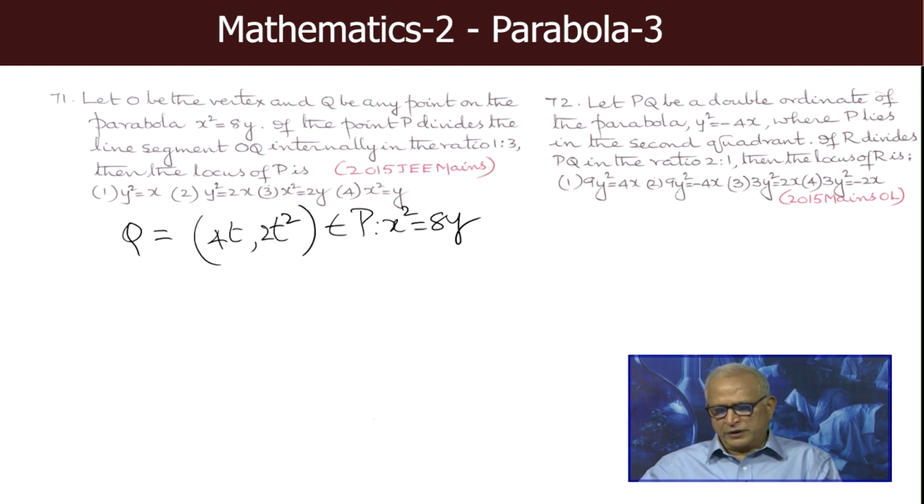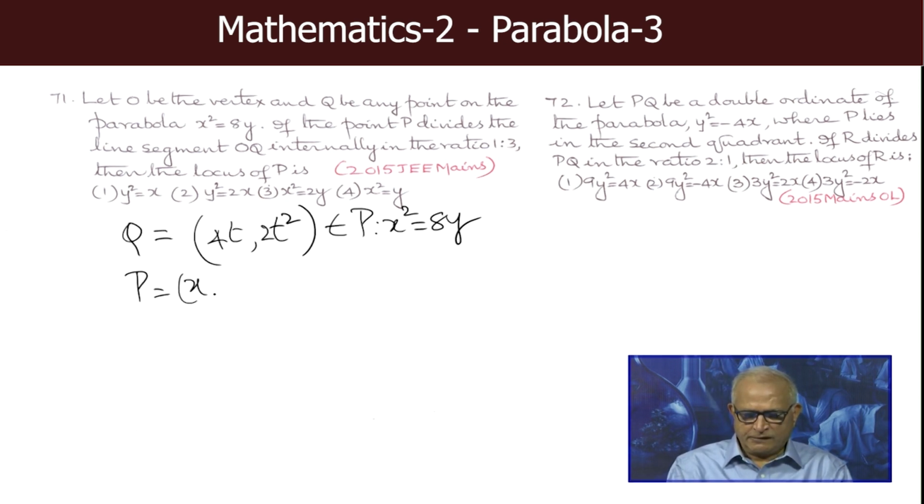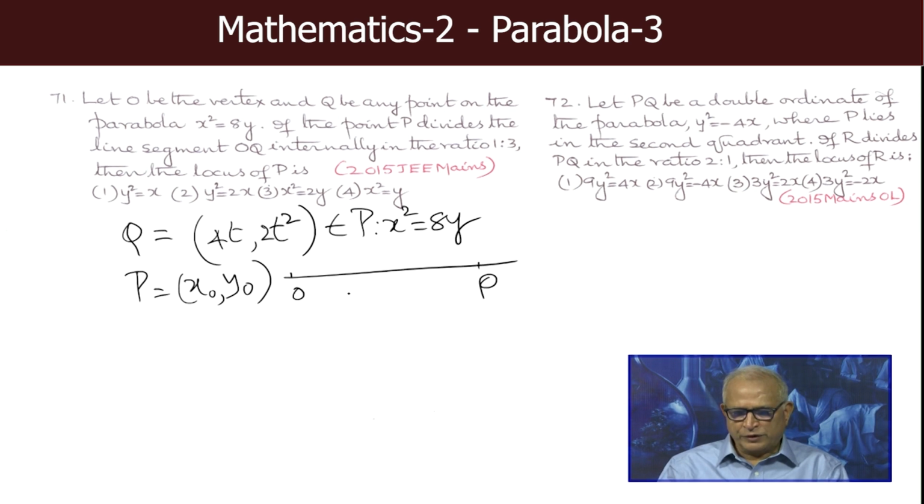If the point P (x naught, y naught) divides the line segment OQ internally in the ratio 1:3.